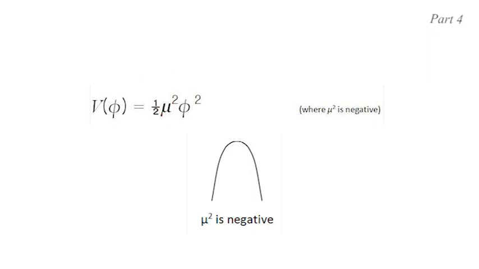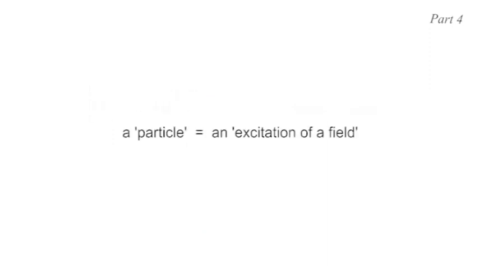Well, as we hinted in previous sections, when we start to investigate the excited oscillator of the field phi, we use the picture of a ball in a U-shaped potential. We'll see that this means the curvature is in the wrong direction if mu squared is negative. Normally we would say that a particle is an excitation of a field.